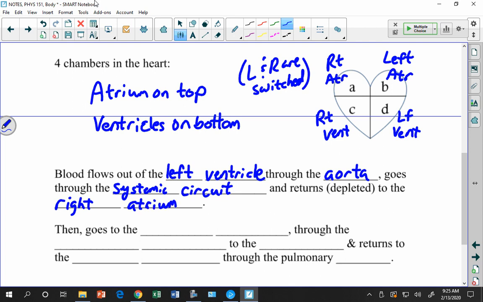Then it's going to go to the right ventricle, through the pulmonary artery, to the lungs, and returns to the left atrium through the pulmonary vein.